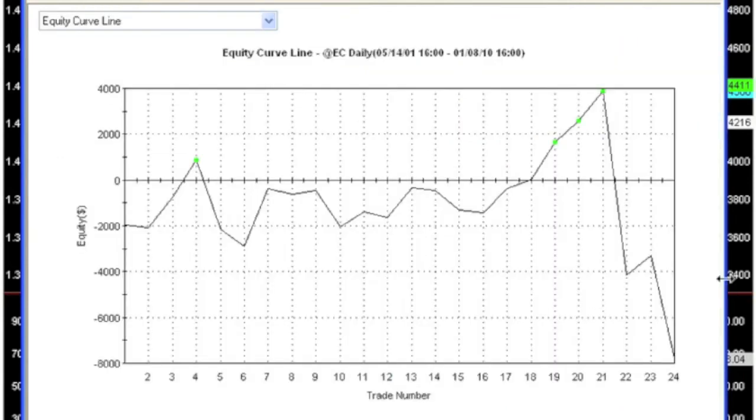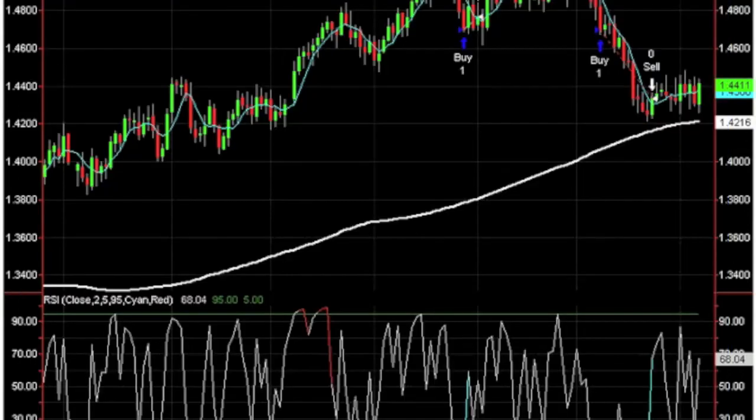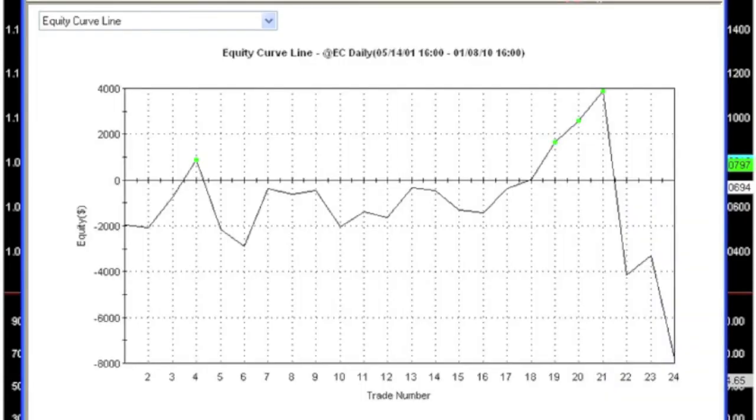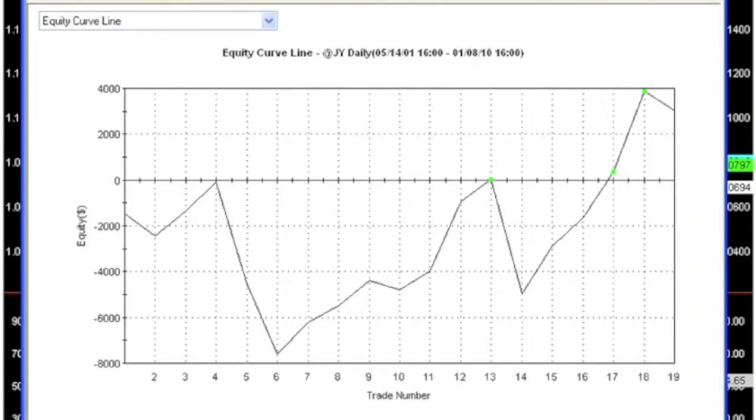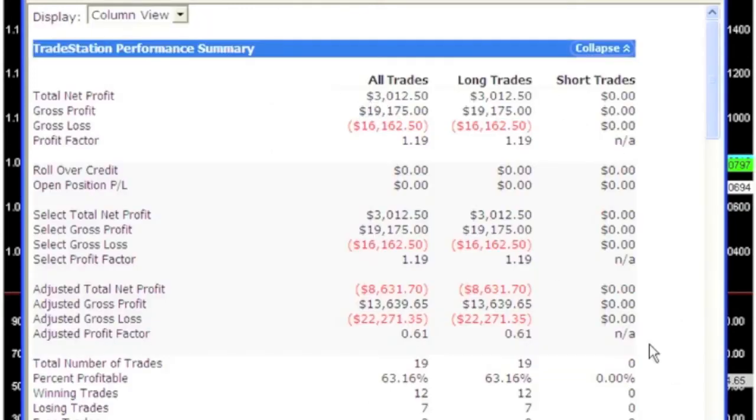Let's try the Japanese yen. The equity curve looks like this. It spent most of its time below. Towards the end here it did pop up, giving us a little bit of profit. But nothing like the previous system, the trend following system that we used on it.